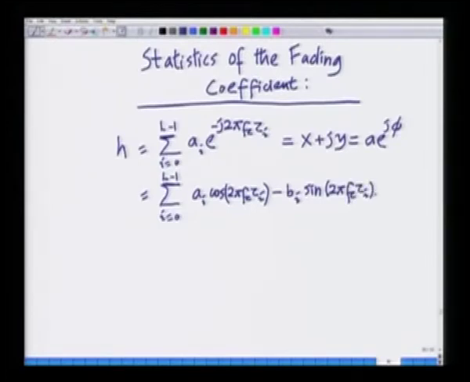I am expanding the minus j b_i sine 2 pi f_c tau_i. I am expanding each complex factor here, a_i e to the power minus j 2 pi f_c tau_i, as cosine 2 pi f_c tau_i minus j sine 2 pi f_c tau_i. Sorry, this b_i should rather be an a_i.